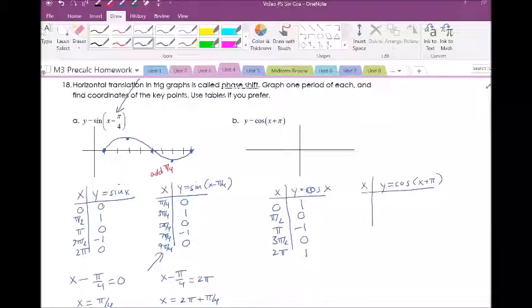And then the x plus pi means I'm actually going to subtract pi from each of the x values in my first table. And then the y's would stay the same. So then in my graph, it makes sense to let each of the tick marks represent pi over 2. So here, negative pi over 2, 0, 0, negative 1, pi over 2, 0, and pi 1.